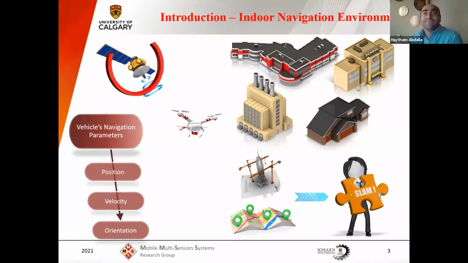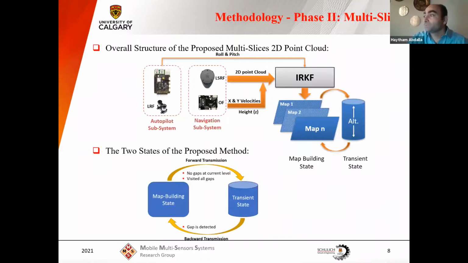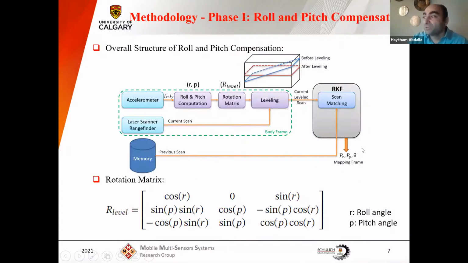Here we take the position update from the IRKF algorithm, and I will show you a picture. The output of the IRKF algorithm is the position of the vehicle, denoted by PX and PY and theta. So we can use this position as an update for the IMU, like the GPS, there is no difference. We need a position update for the IMU, okay?